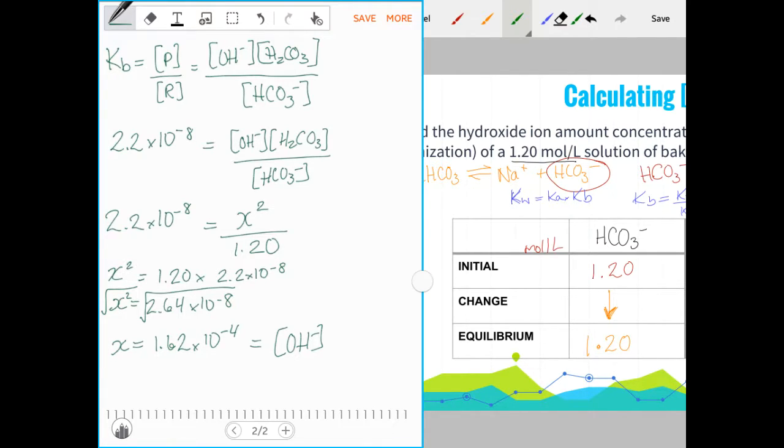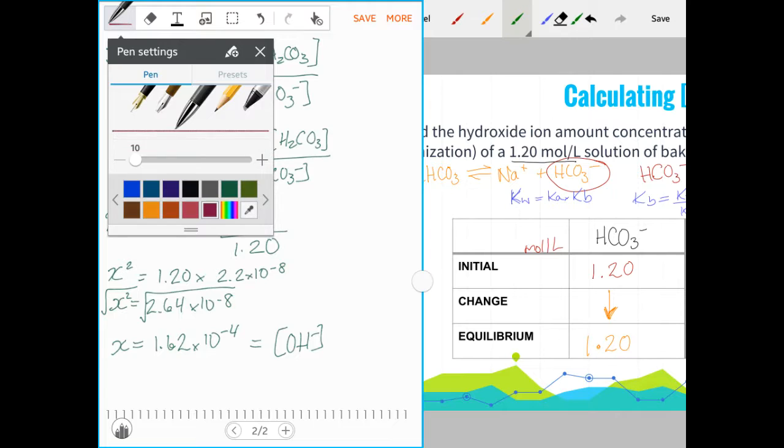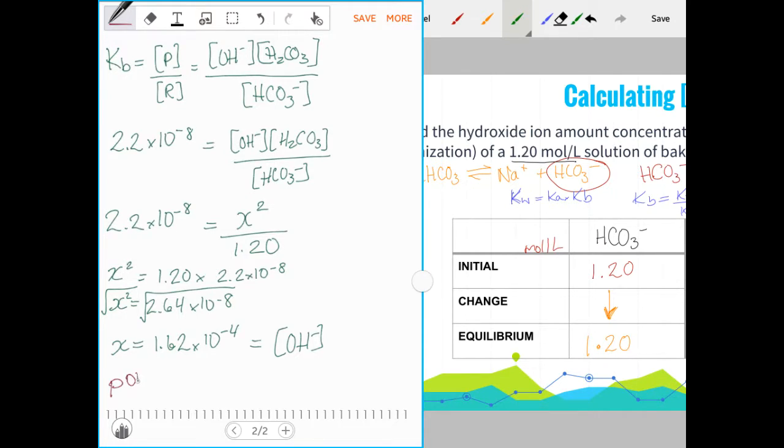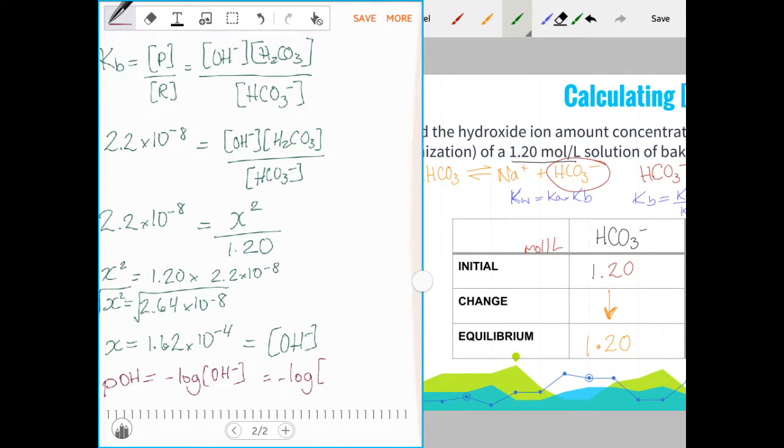So if I have my hydroxide ion concentration, I can calculate my pOH. So my pOH is going to equal negative log of my hydroxide ion, which means I have the negative log of 1.62 times 10 to the negative 4.